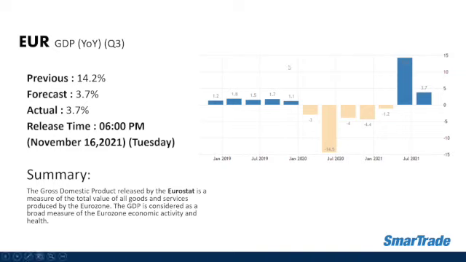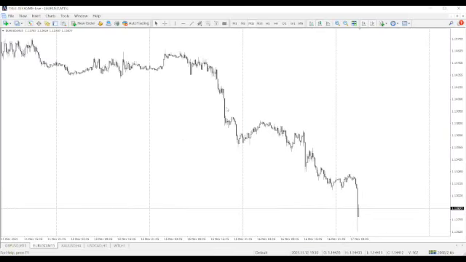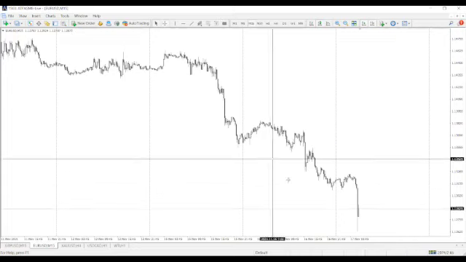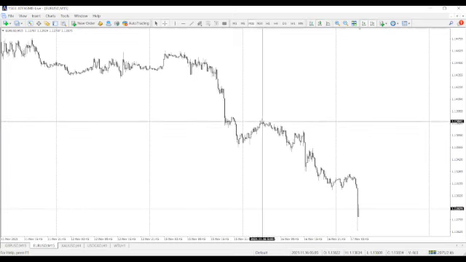So let's take a look at what happened on the euro dollar to be specific. During the 15 minutes time frame yesterday, we can clearly see that the price of the euro dollar is on bearish momentum. It started around 1.1384, and it went down all the way to 1.1310.